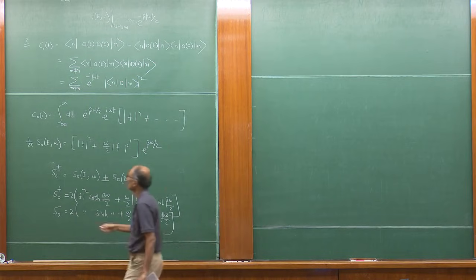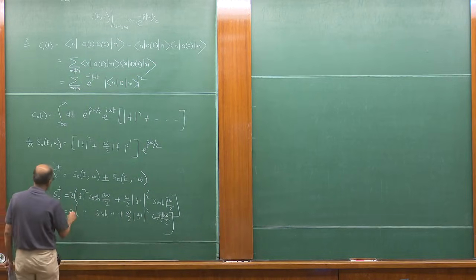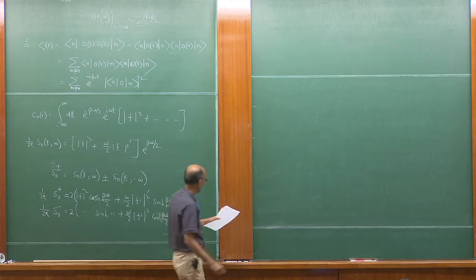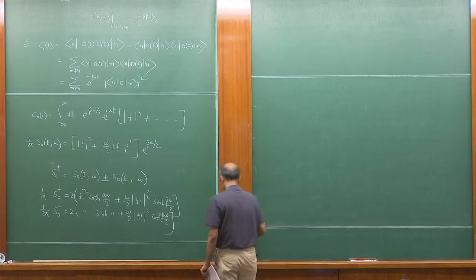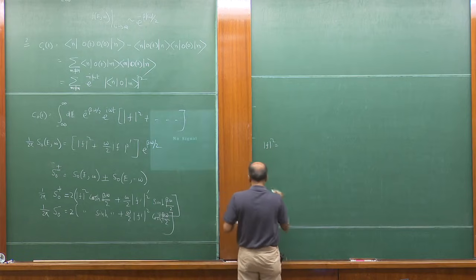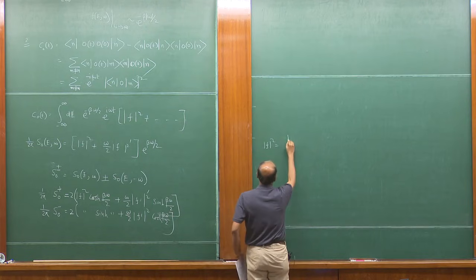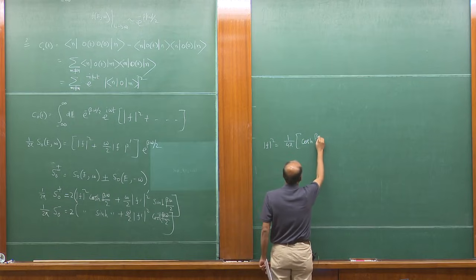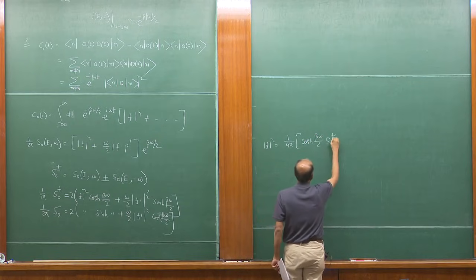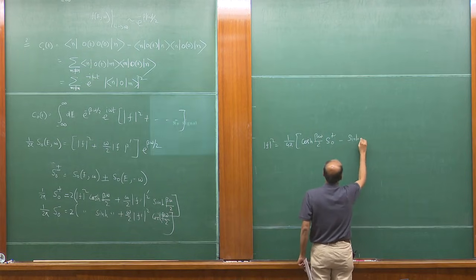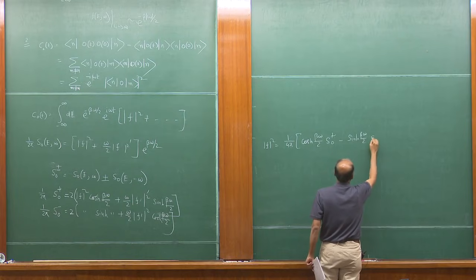oh, by the way, everything has a factor of 2 pi somewhere. So let me just write this 1 by 2 pi, 1 by 2 pi, because of this. So then mod f square should be equal to 1 by 4 pi, cosine of beta omega by 2 times S naught plus, minus sinh of beta omega by 2 times S naught minus.